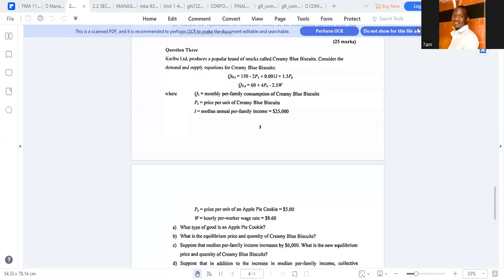Welcome to class, where we're going to look at an important concept, which is elasticity, one of the most important concepts in economics because it measures responsiveness. It measures how one variable changes when another variable changes.